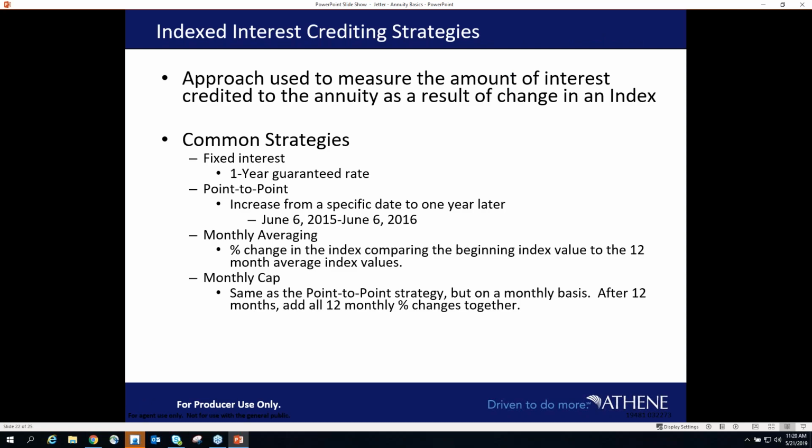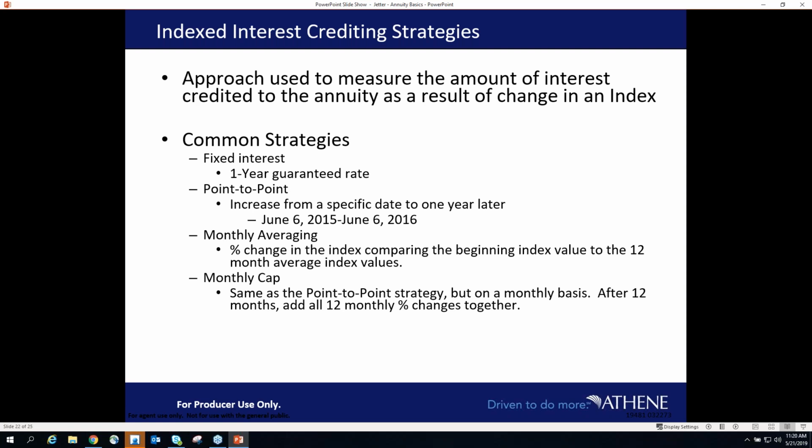Index interest crediting strategies. This is the approach used to measure the amount of interest credited to the annuity as a result of change in the index. Common strategies we see a lot of: every contract normally has just a straight fixed rate, a one or two year guaranteed rate, and also a point to point.